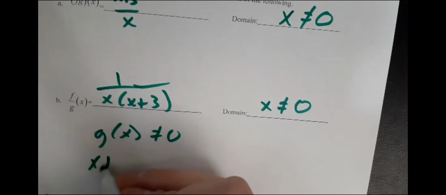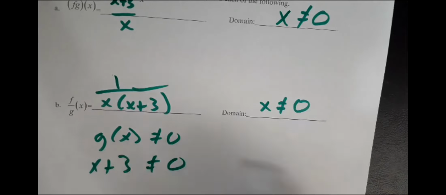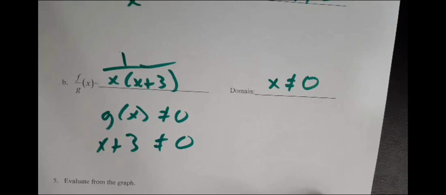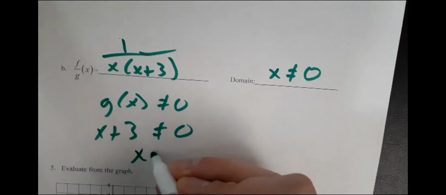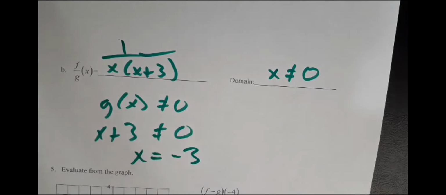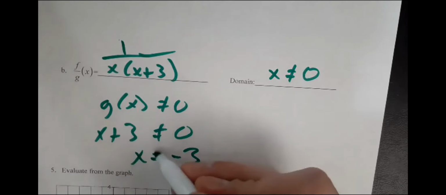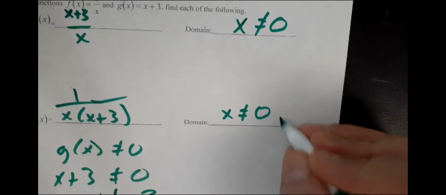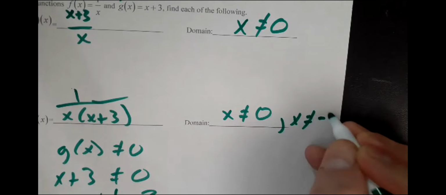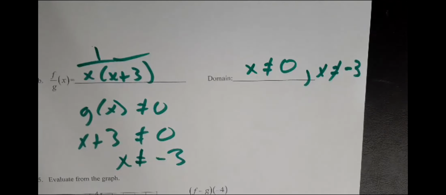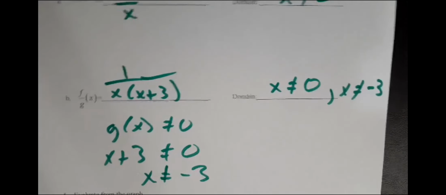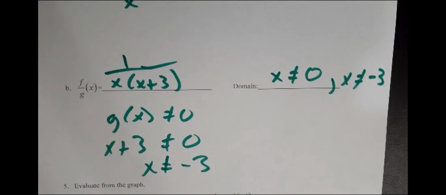So x plus 3 cannot be equal to 0, which is the thing we see in the denominator, so that is matching up with what we're saying. So x cannot be minus 3. So we have 2 domain restrictions. There's an added one because we're dividing here.